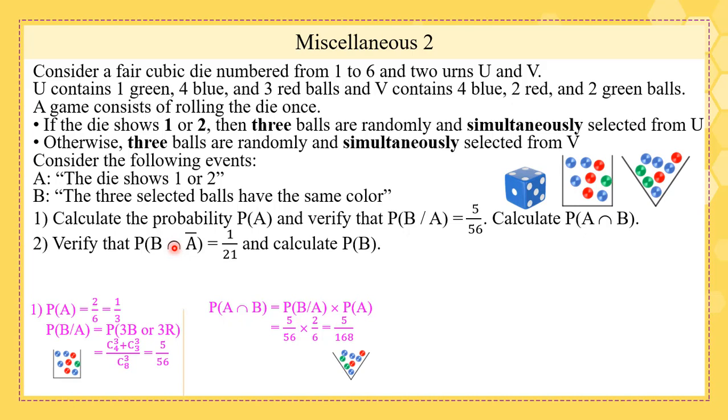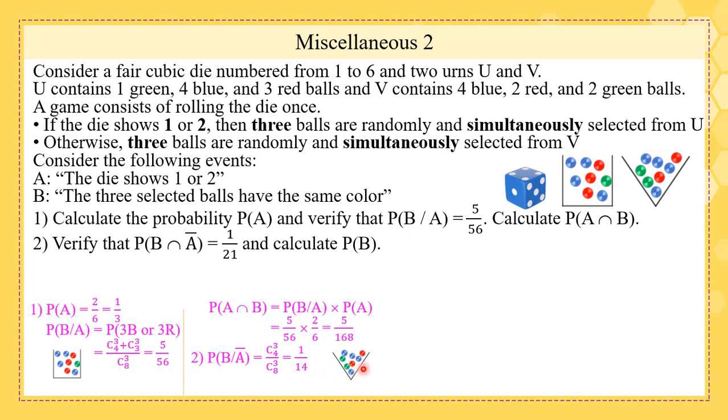Let's see. First, I want to find the probability of B given A bar. A bar means the die doesn't show 1 or 2, so it shows 3, 4, 5, or 6. And in this case, according to the story, if it doesn't show 1 or 2, we have to select 3 balls simultaneously from V. So we know that V is the universe, and we need to select 3 balls having the same color from V simultaneously.